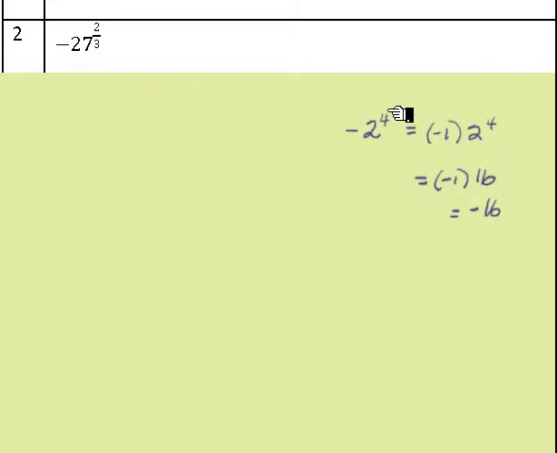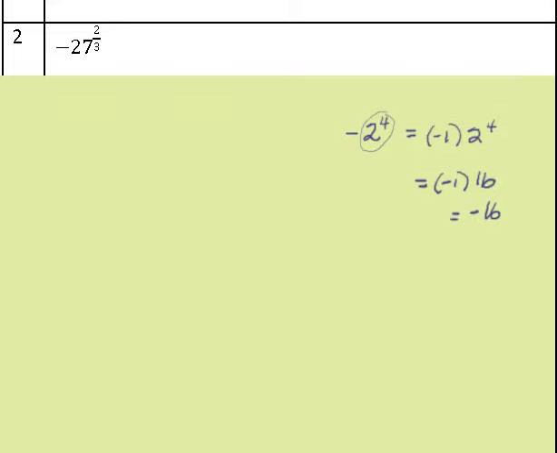In other words, this exponent applies to the 2 only, and not to the negative sign in front. We're only taking the 4th power of 2, and that's because of order of operations. Exponentiation comes before multiplication by minus 1.